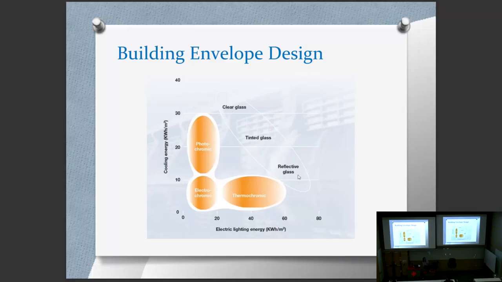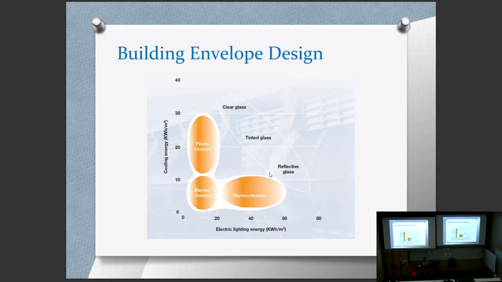And for reflective glazing, it reflects a lot of daylight, and therefore you need to spend more energy on artificial lighting. But the reflective glazing can reduce the solar heat gain, so lower cooling energy consumption, less consumption for the air conditioning system, but more consumption for the lighting. In contrast, the clear glass will result in higher air conditioning consumption, but lower electric lighting consumption because it allows a lot of daylight to enter.